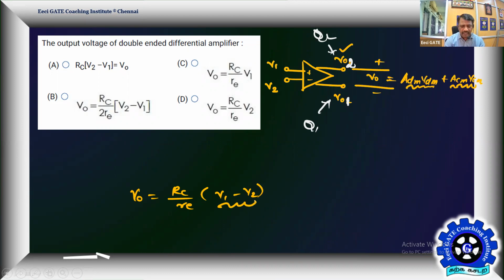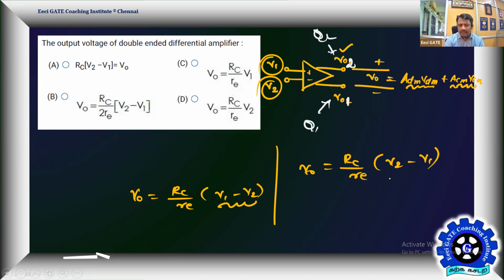Suppose if he's not taking V1 minus V2, he may take V2 minus V1, assuming V2 given to the non-inverting side and V1 given to the inverting side. Then either this possibility, or if he's swapping these two, then V0 will be RC by small re into (V2 minus V1). It's up to you.